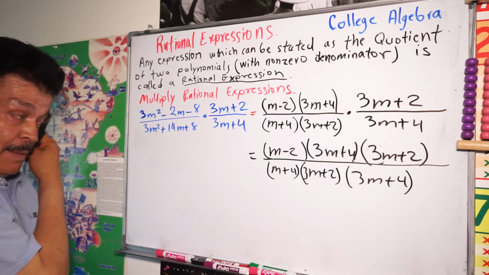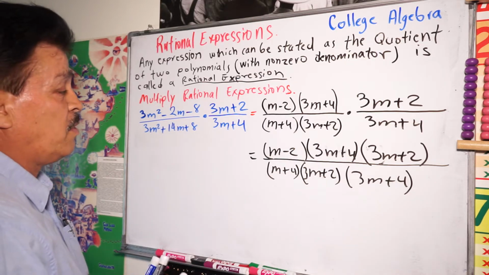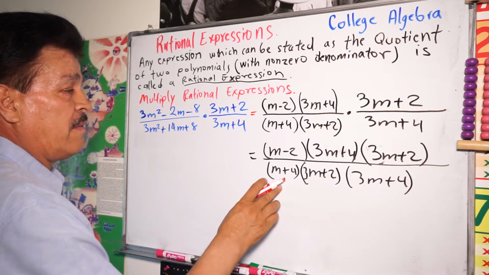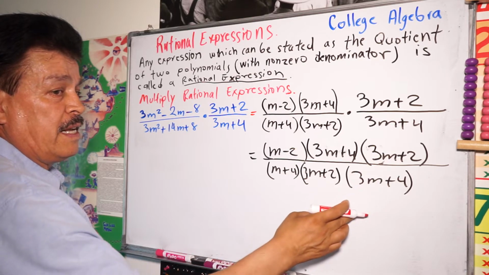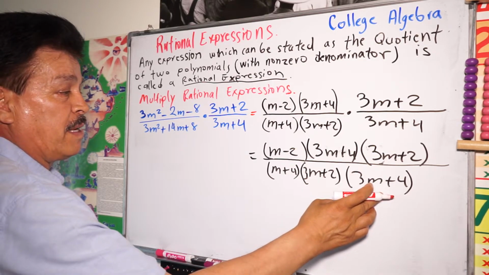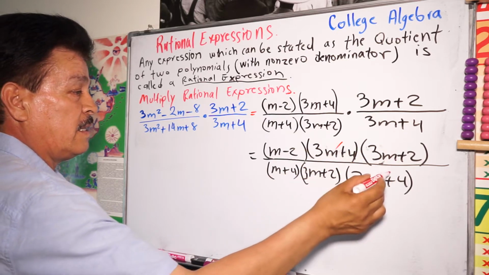That's the next step. Now simplify this expression. You simplify, just cancel the same terms. Here, for example, you have 3m plus 2 over there, and then we have 3m plus 4, 3m plus 4. You cancel these.